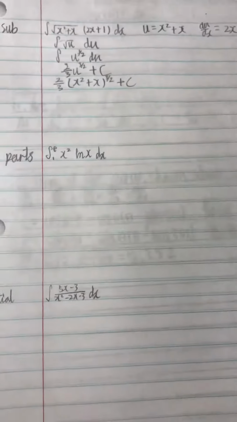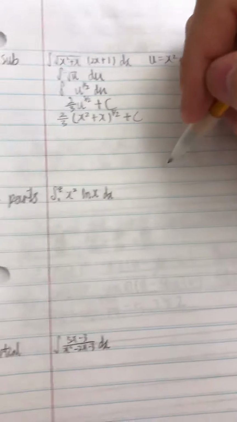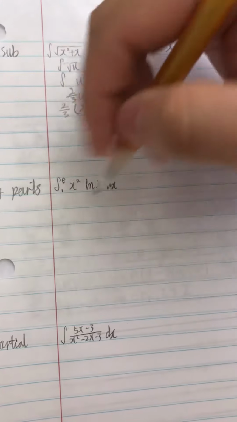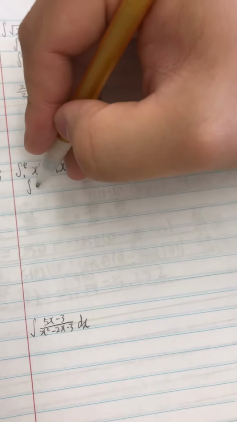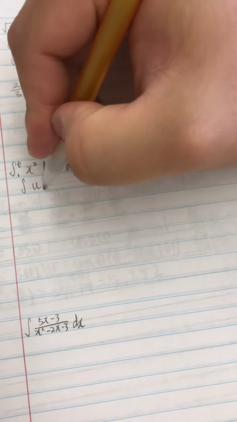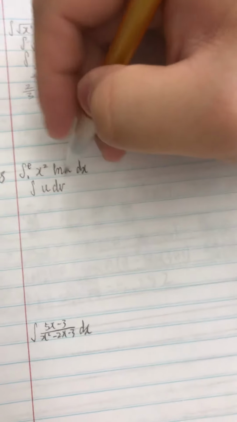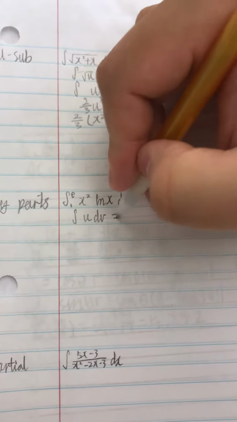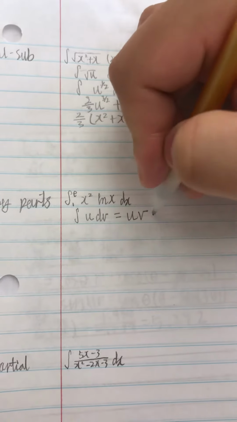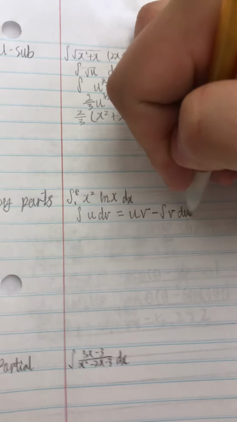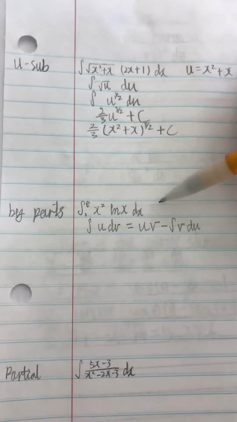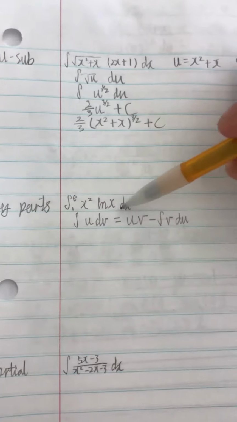So for integration by parts, the equation we need to know is that the integral of u dv is equal to u times v minus the integral of v du. So we will need to be able to identify what's u and what's dv.